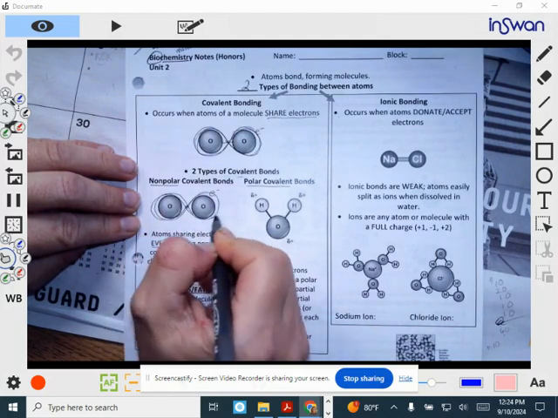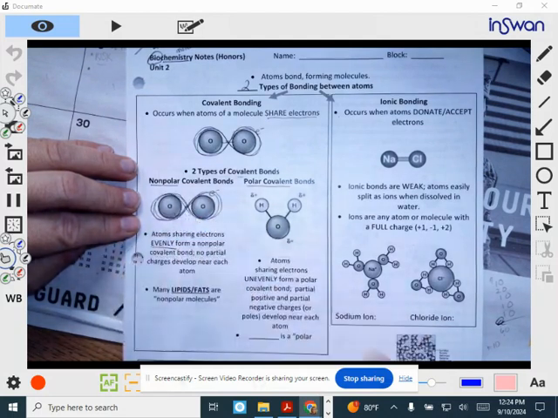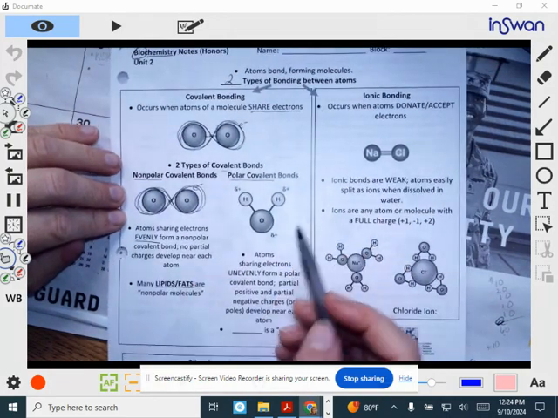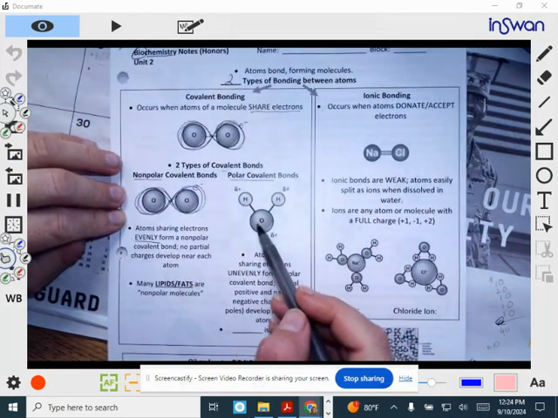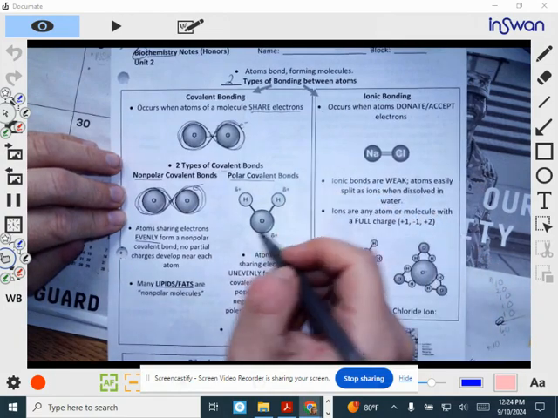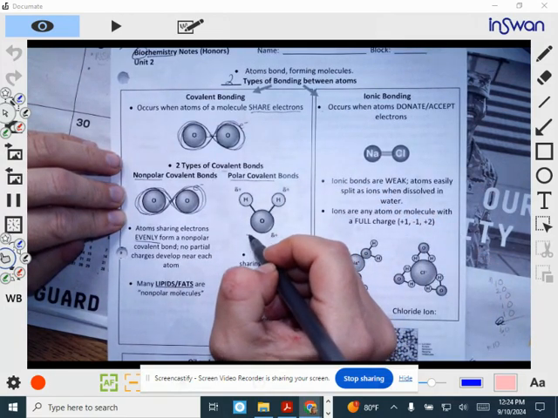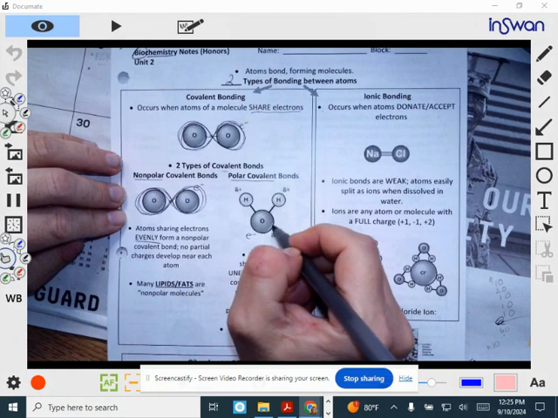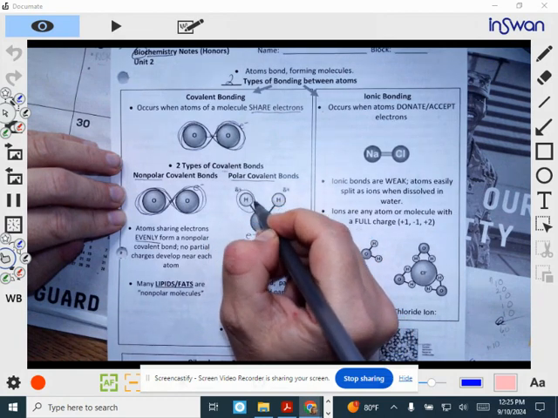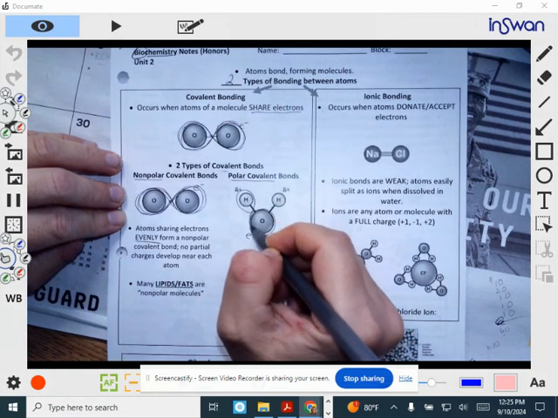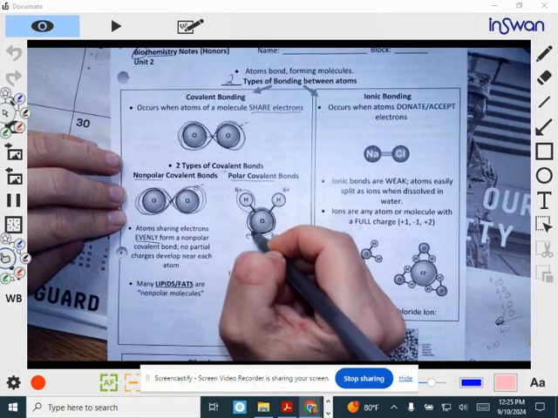We have electrons being shared evenly. Let's take a look over here between these H's and O's. Electrons are being shared, so let's put an electron here. It's going around both the oxygen and the hydrogen, but it's not being shared evenly.